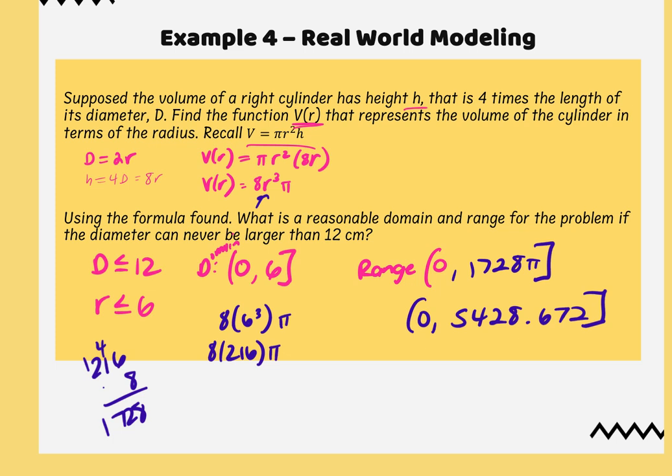If I was to look at this on a graph, like on the graphing calculator portion, I would write this as my y equals, and look at my maximum value on my curve. So let's talk about what that would look like, because it's going to be weird. Graph that function. We wrote it as 8, r is my x, cubed times pi.